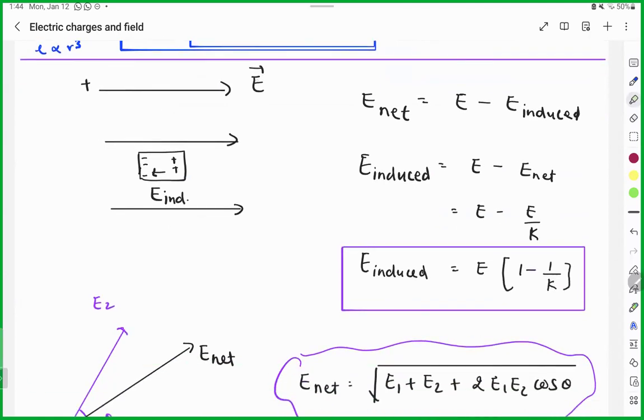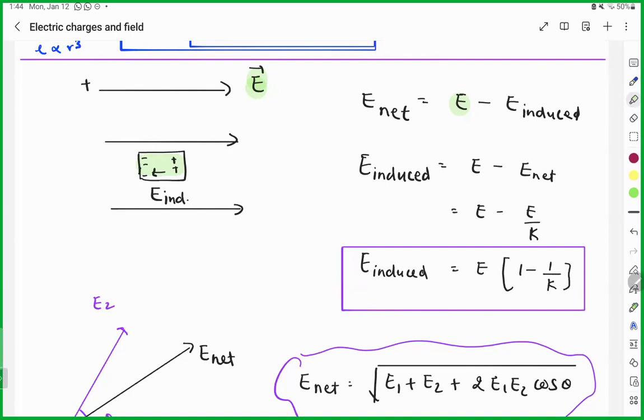If you apply any external electric field E, and you have any metal, within the metal, electric field will be induced in the opposite direction, because whatever change you try to do in anything will resist the change. Anything will resist the change.